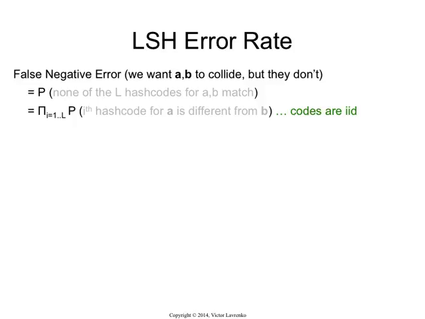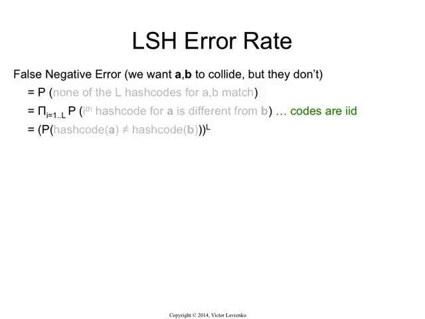The probability that the ith hash code for A is different from the ith hash code for B. Okay? So now I need to estimate that. What is the probability that the ith hash code for A is different from B? But before I do that, I'm going to simplify this product a bit. Not only are they independent, they're also identically distributed.